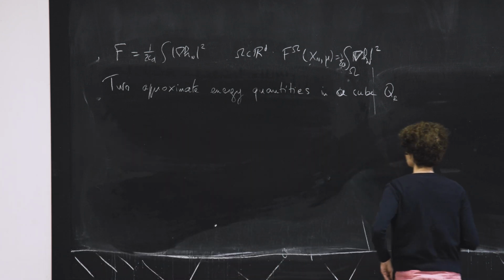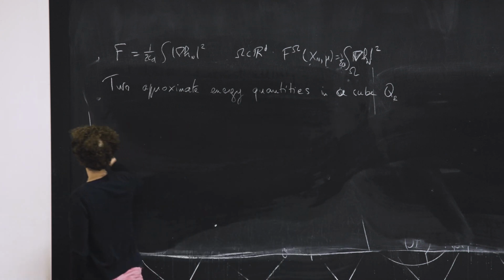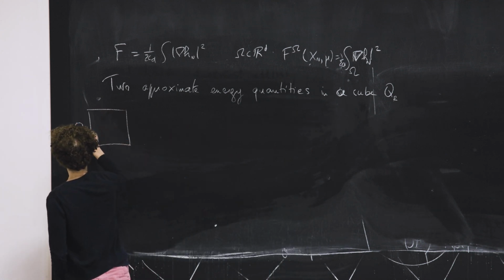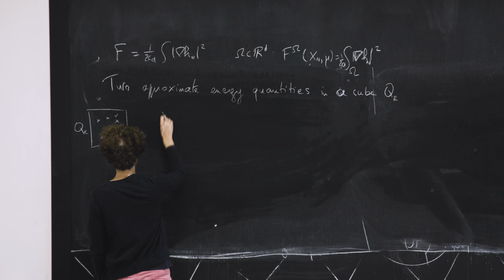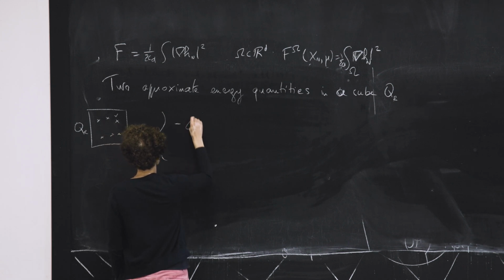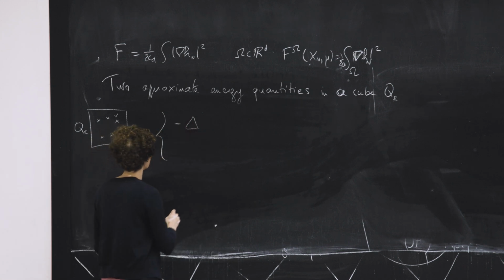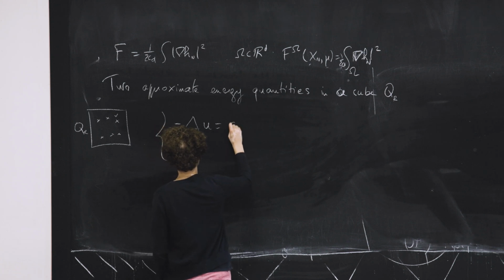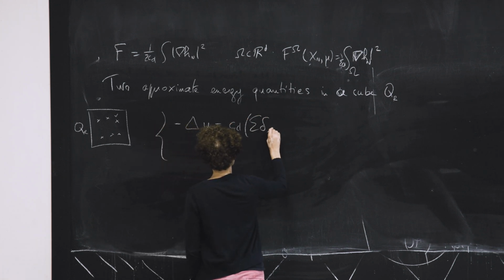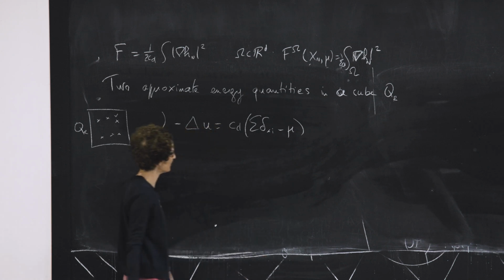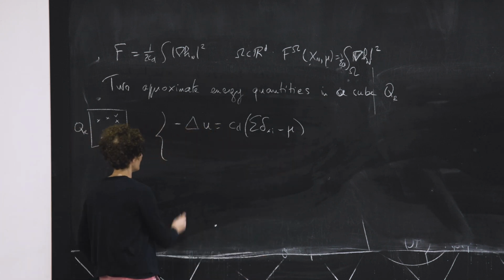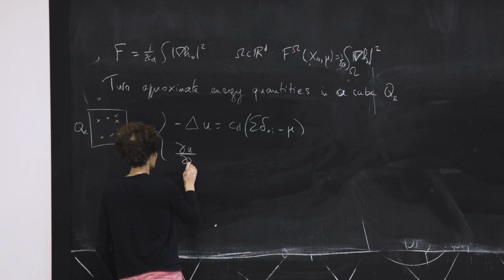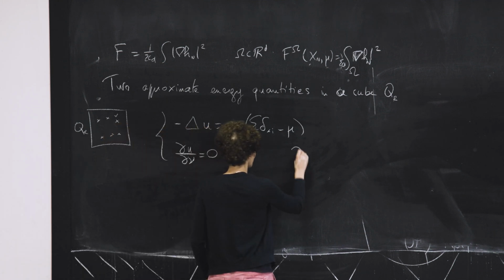For now, R can be anything. Okay, so we have a cube of size R. We have points. And the first quantity is going to be expressed in terms of a function u, which solves the same thing that H solves. So minus Laplacian is C_d blah, but with a Neumann boundary condition on the boundary of the cube.